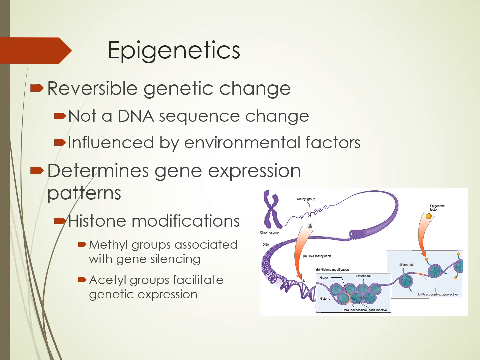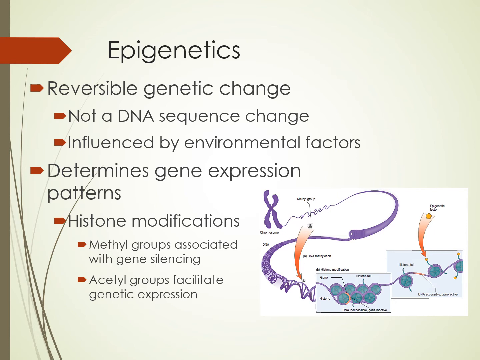If we look at what is typically highly methylated in control children, that's highly methylated, so it's more likely to be silenced. In maltreated children, it's less likely to be methylated, so it's more likely to be expressed. And they looked at what's low methylated, so what's more likely to be expressed.